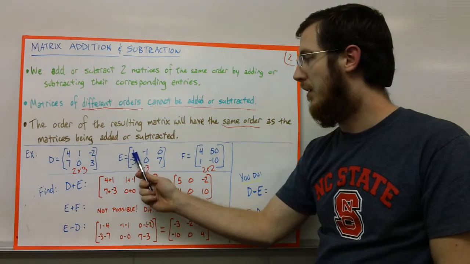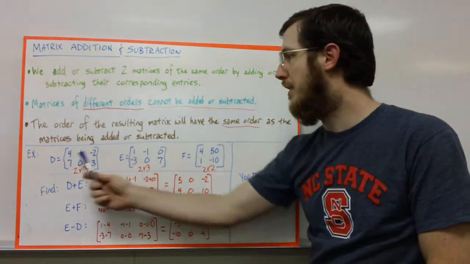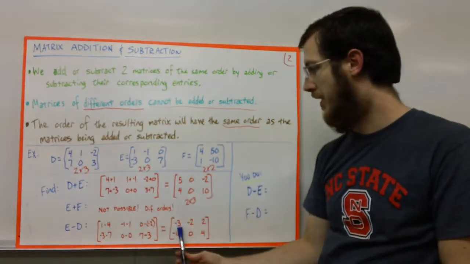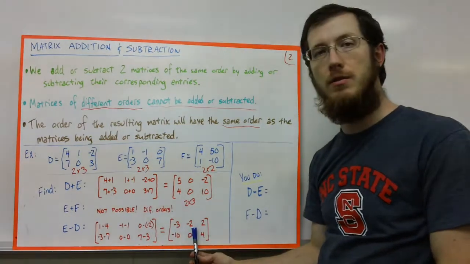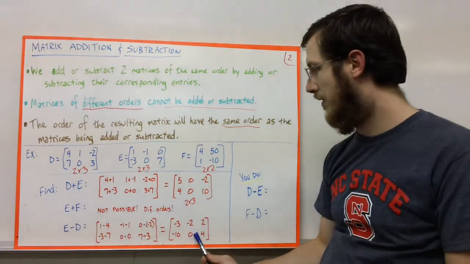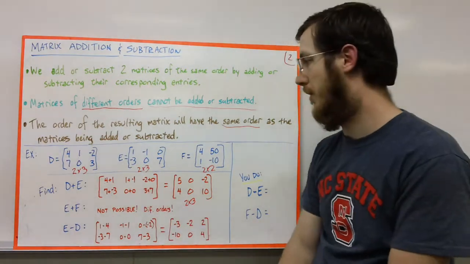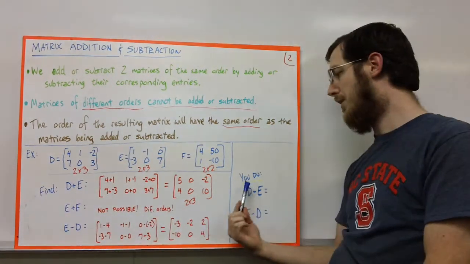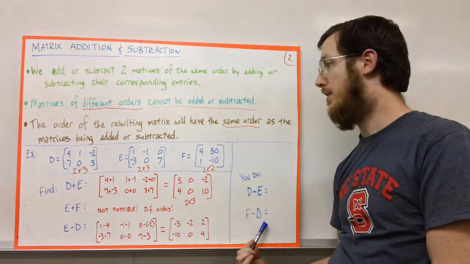So again, take corresponding elements and subtract. 1 take away 4 gives us -3. -1 take away 1 gives us -2, and so on. Our result is a 2 by 3 matrix, just like what we started with. In your notes, do D minus E and F minus D.